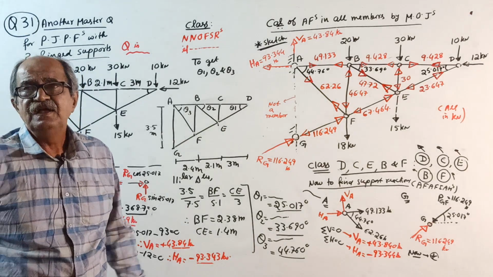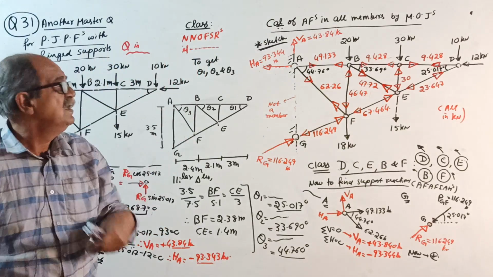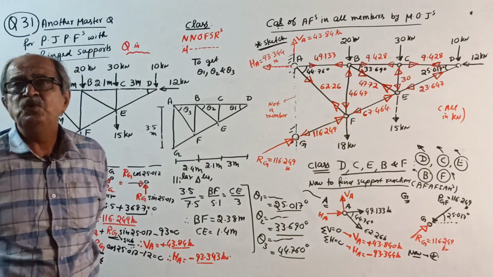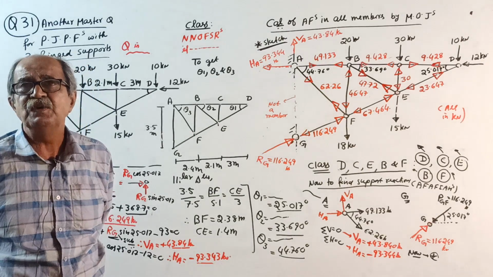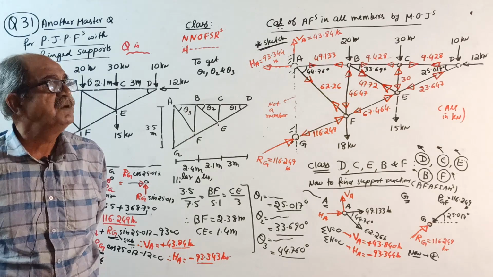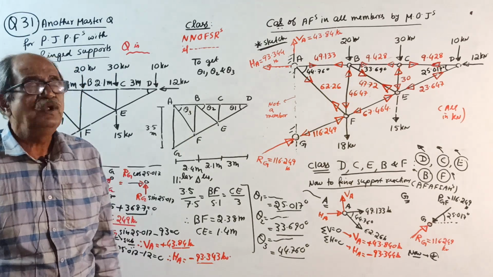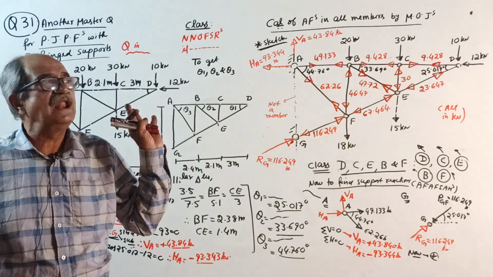Special case, I am closing. I will go to method of sections, but before that, one pending is there. How to decide direction of unknown? I already told earlier, but systematically one class I will take. I told earlier, see in the question number 25, where I showed you how to solve a question directly using calculator.